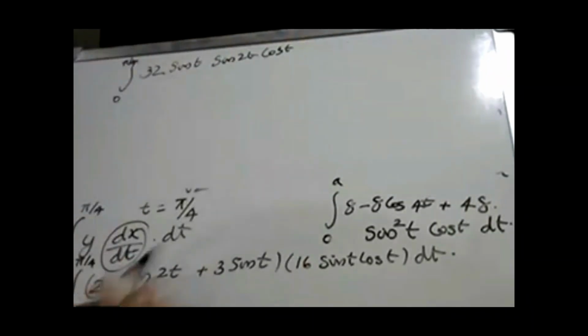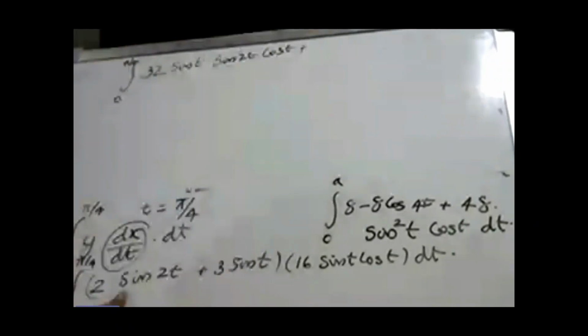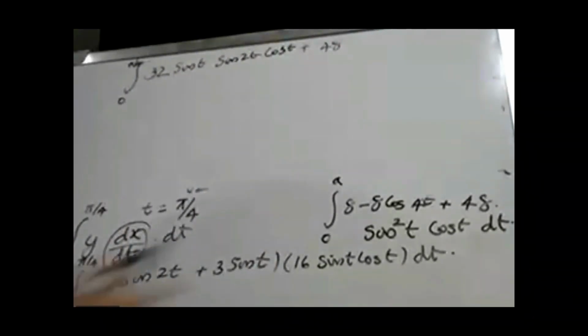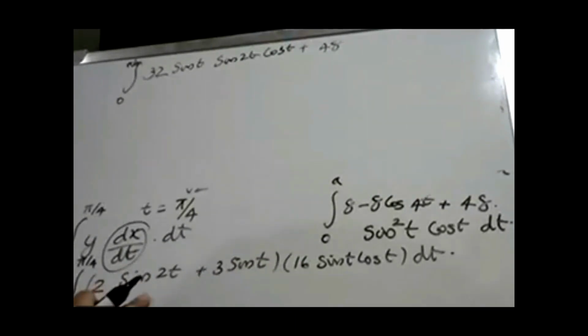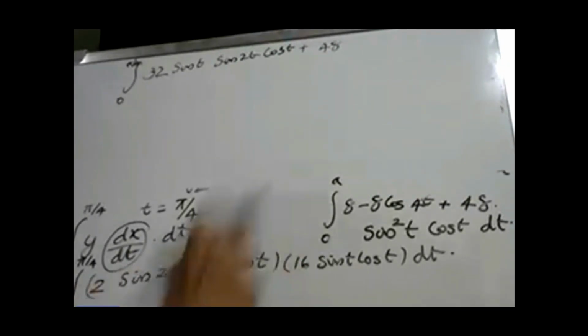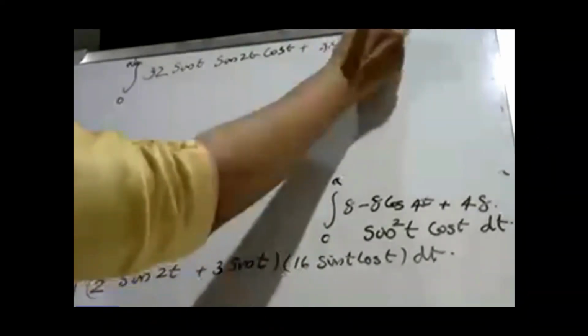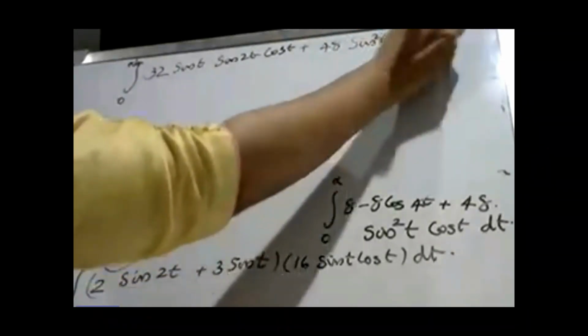So I multiplied the first term now by the second term, plus 3 times 16, which is equal to 48. What remains is sin squared t cos t dt.